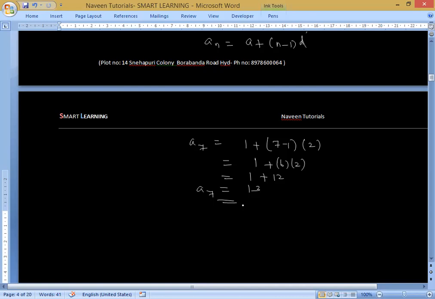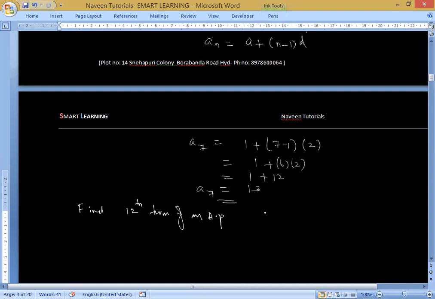Suppose the question is: find the 12th term of an AP. In this case the series is not given; only specific terms are given.